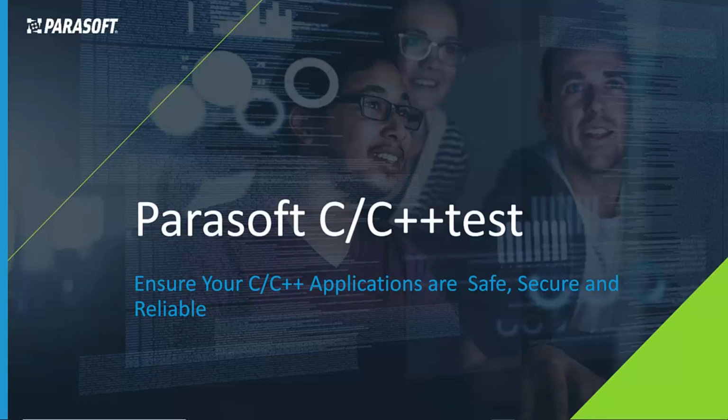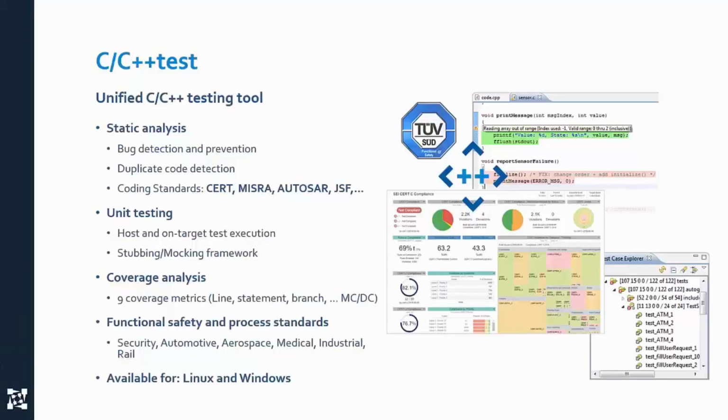Welcome. In this short demonstration, I'm going to show you how Parasoft C++test can help you create high-quality, safe and secure C++ software. Before we dive into the demonstration, let me share some facts about our solution.